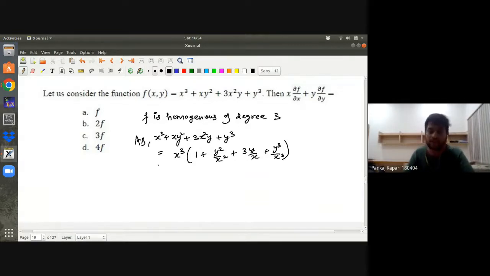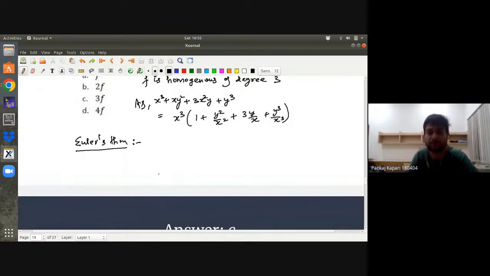And for such functions, we have a result. It's called Euler's theorem. You can directly compute this particular expression, but there is a simple method.